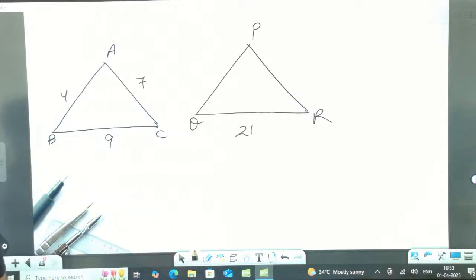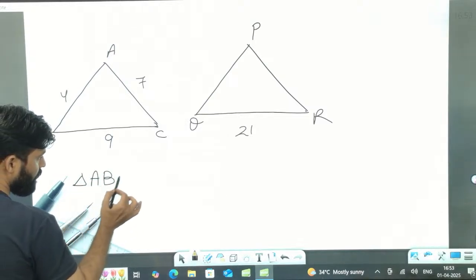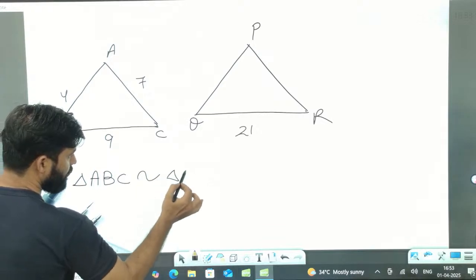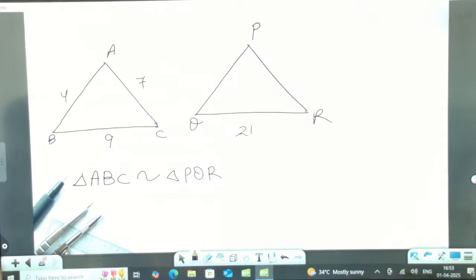And he has said simply that both the triangles are similar. And in similarity, which triangles are similar? ABC and PQR. Okay. Triangle ABC is similar to triangle PQR. In this, how can you write it?